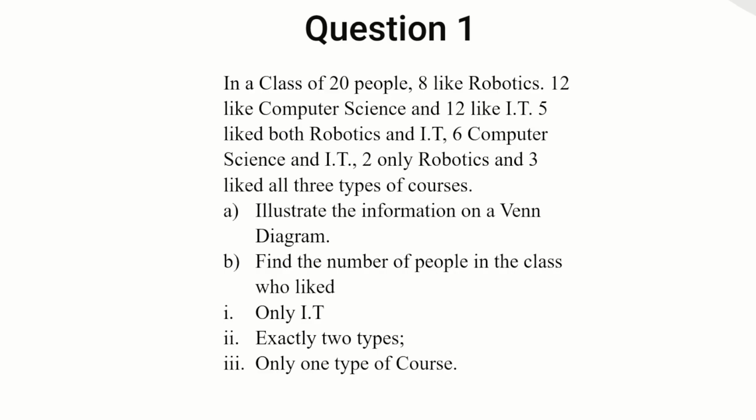Now 5 like both robotics and IT, 6 computer science and IT, 2 only robotics, and 3 like all three courses. Now A, we are to illustrate the information on the Venn diagram, and then B, we are to find the number of people in the class who like only IT, and then we are to find the number of people in the class who like exactly 2 types and then only 1 type of course.